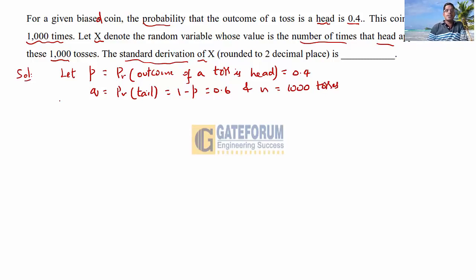Okay, so x is already the random variable given. Here p is not small, but here n is very large. If n is very large and p is very small, then only apply Poisson distribution, otherwise binomial distribution.